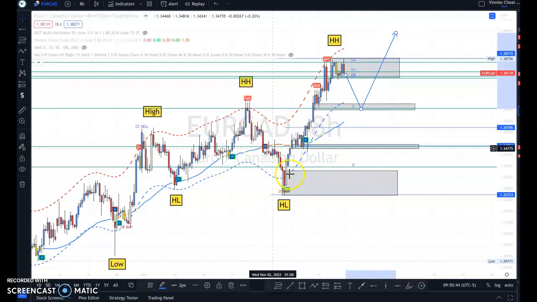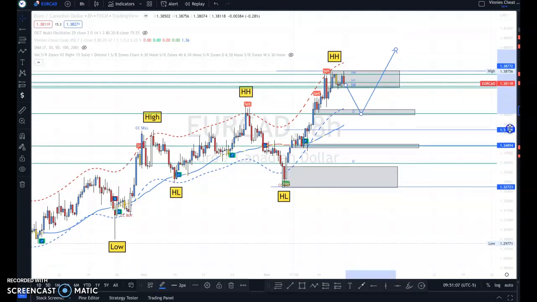So this would be an extreme, this would be an extreme, this would be an extreme. By trading these extremes that happen in the market, you're more likely to win more trades. Hopefully I made that easy and simple for you guys.